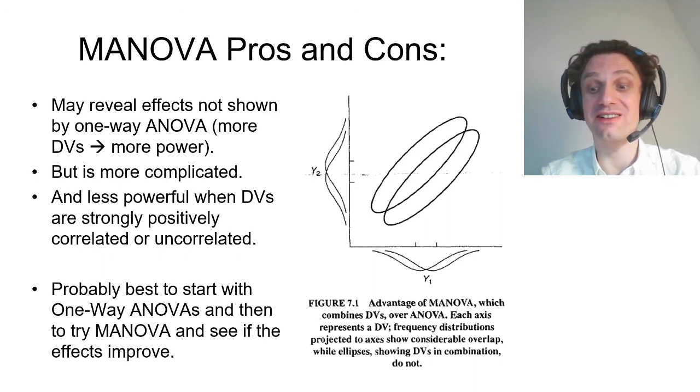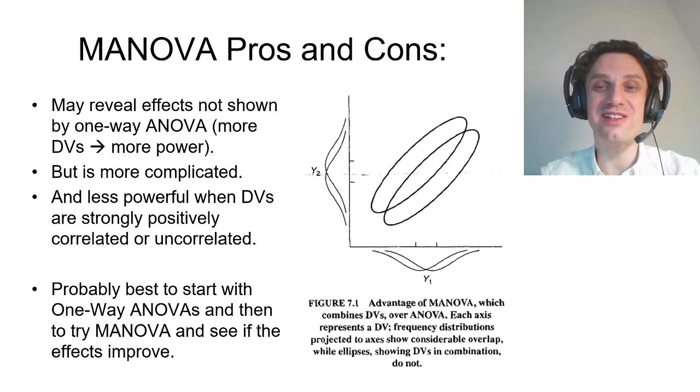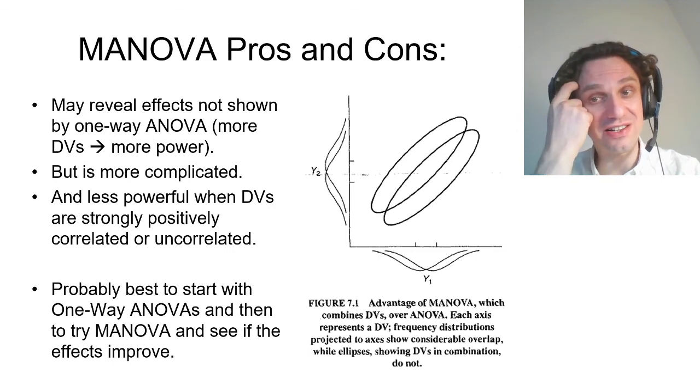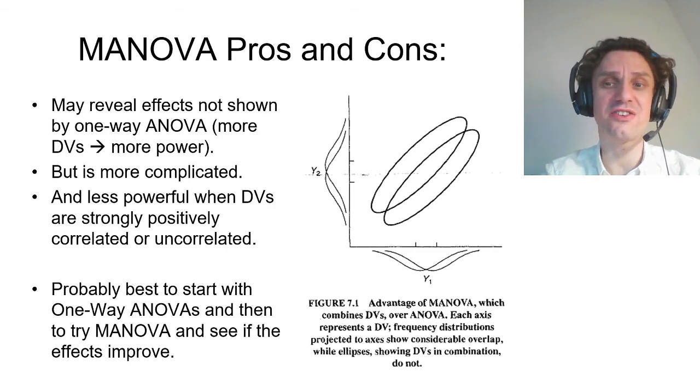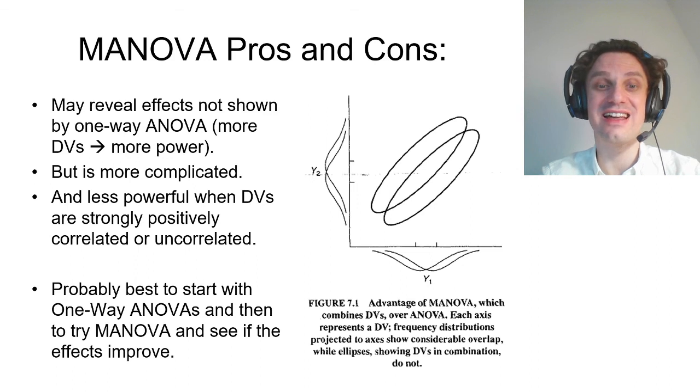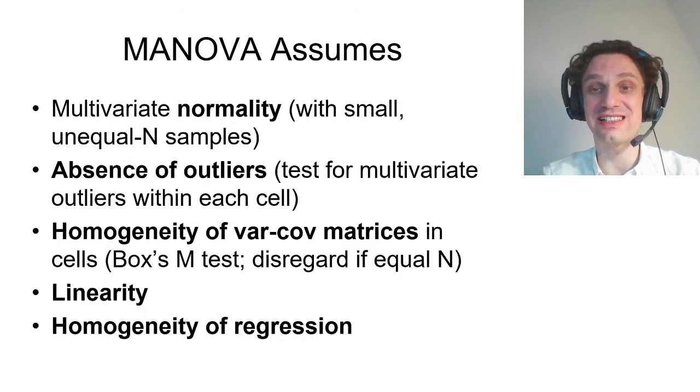Some people think, okay, I have several dependent variables, and instead of doing several one-way ANOVA analyses, I will just do one MANOVA, and I will do it quicker. Unfortunately, it's much more complex. It's harder to interpret. It's harder to make sense of what's going on in your data. It also has some additional assumptions.